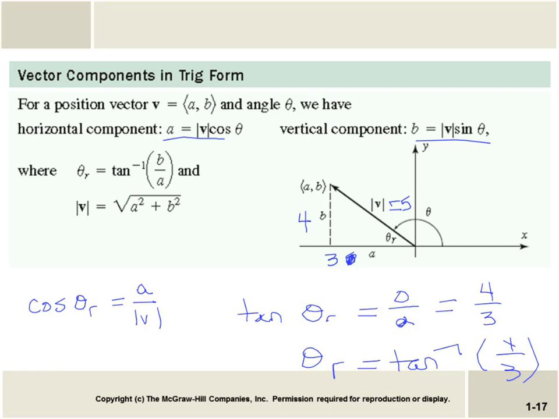But they're using tangent, so let's do tangent. Sorry. Let's pretend I didn't know it here. Let me take the x away. So I can say that A is equal to the magnitude of V times the cosine of the reference angle.